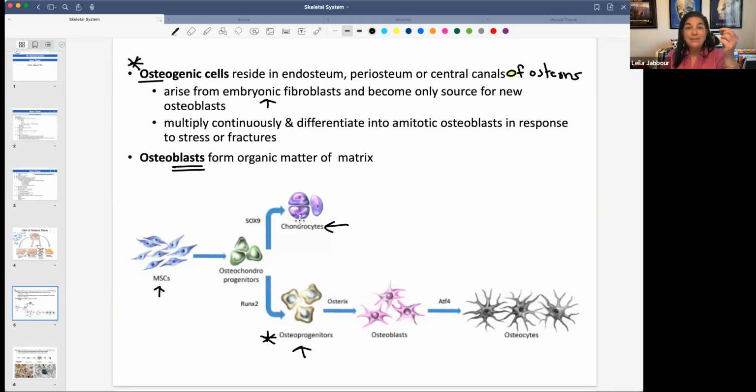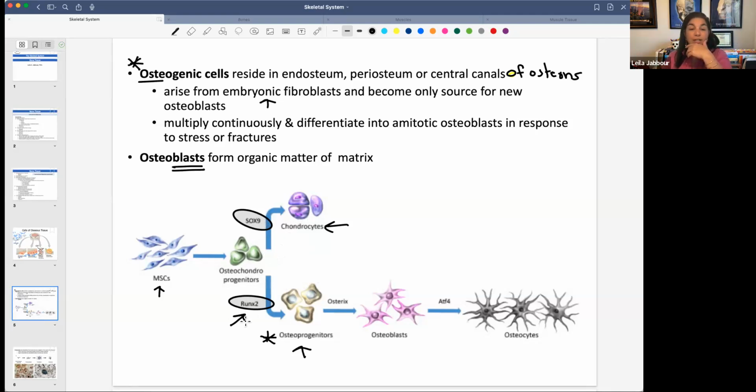And what drives these lineages? Molecular messengers. And we understand that now because there's research on all of this, with graduate students and postdoctoral fellows working on all of these molecular pathways to identify the different molecules that drive a pathway versus another pathway.